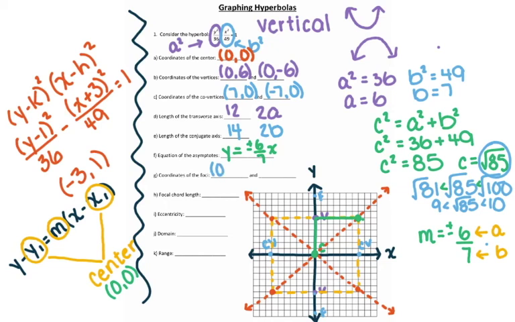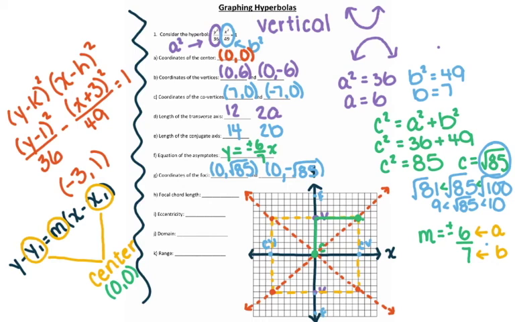It's just going to be 0, comma, so 0 plus rad 85 is just rad 85, and then 0 minus rad 85 is negative rad 85. If there was a number, let's say the center was 0, 2, then it would be 2 plus rad 85, 2 minus rad 85. That's all.